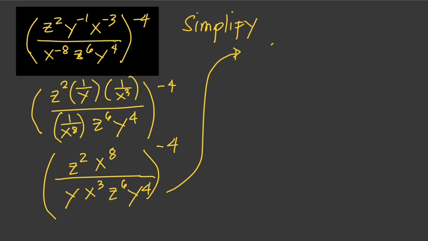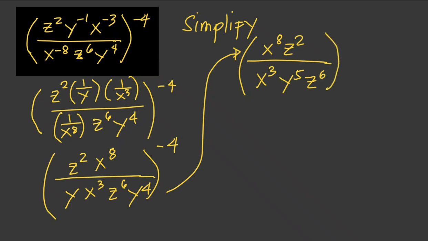We have x to the 8 z squared. For y, we have y to the 1 and y to the 4th, so we just have to add the exponents. So we have x cubed, y to the 5th, and z to the 6th, to the power -4.